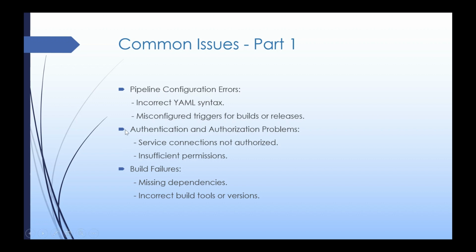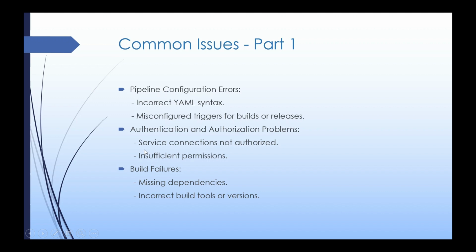The next one is authentication and authorization problems. In this case, suppose you have created a service connection and that is not authorized. You might have used a service principal or application that doesn't have sufficient permission.